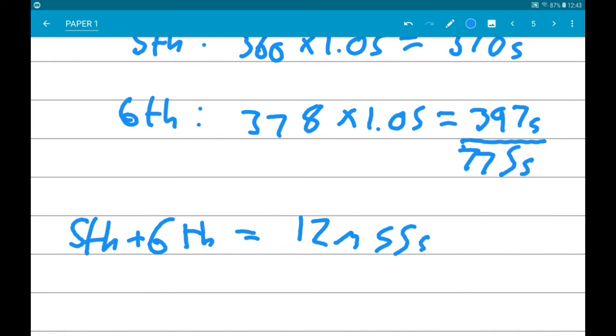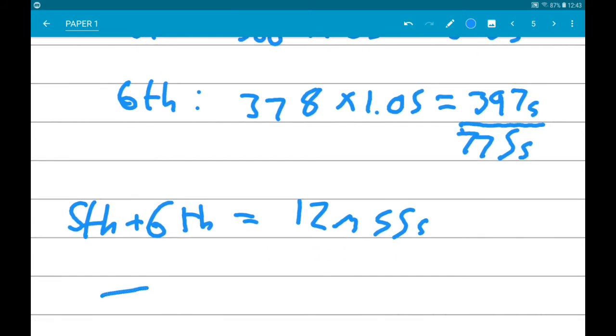So 24 add 12 minutes and 55 seconds is indeed 36 minutes 55 seconds.